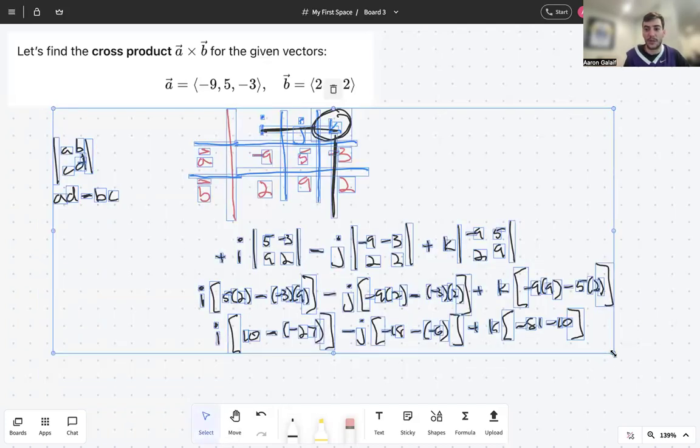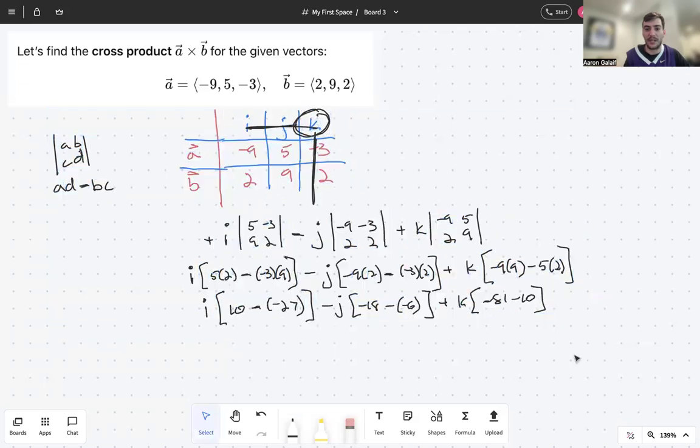So let's make sure we make things a little neater. All right. So we have, let's write this out. We have I 37 minus J -12, right there, because -18 plus 6, plus K -91.